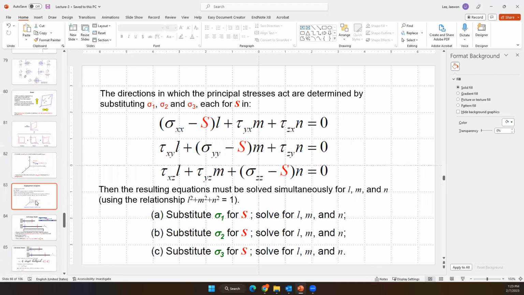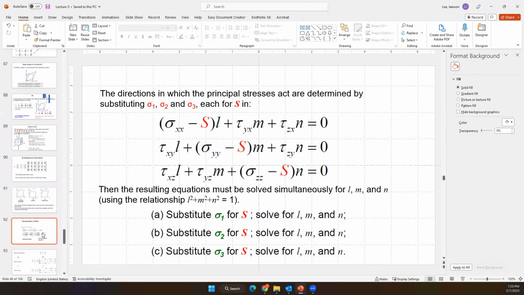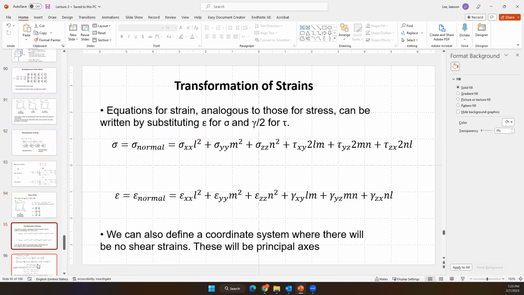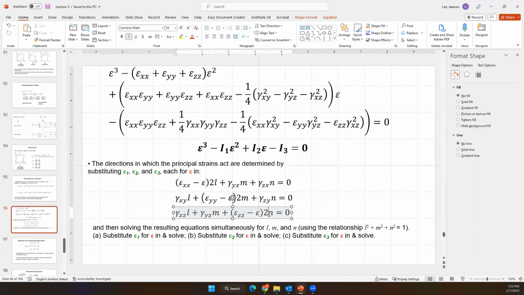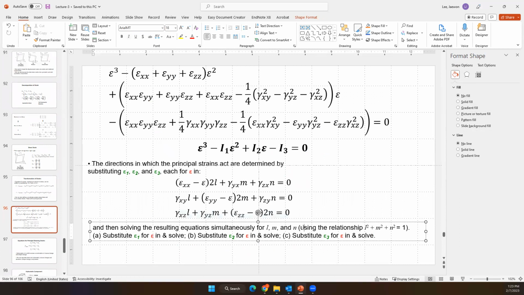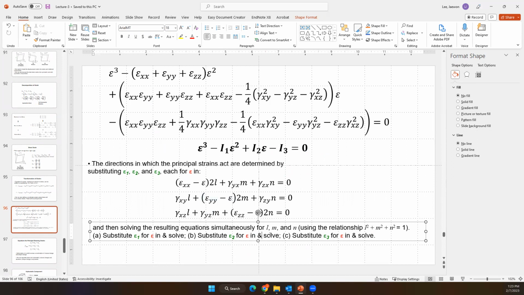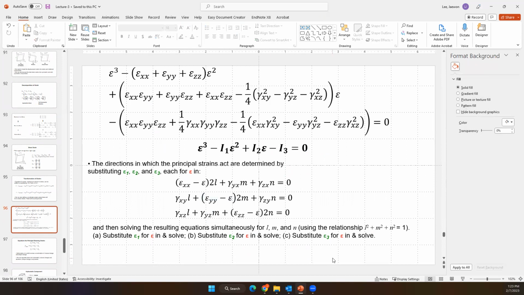Exactly the same for the strain. So if you calculate strain 1, strain 2, strain 3, we can directly make the correlation with the L and N. Do you understand that? So we can solve the problem like the previous examples.